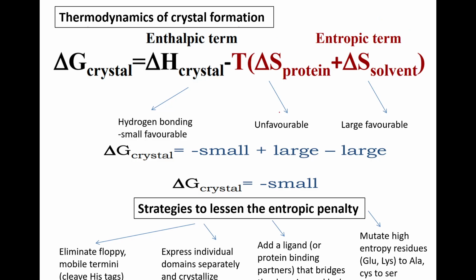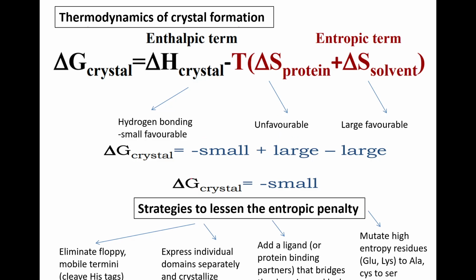So it is minus small, plus large, minus large. So these two are negative, right? This delta H is also negative because it is modestly favorable, and the solvent term is largely favorable. So both of them are negative, but the entropy of your protein is unfavorable, that is plus large.